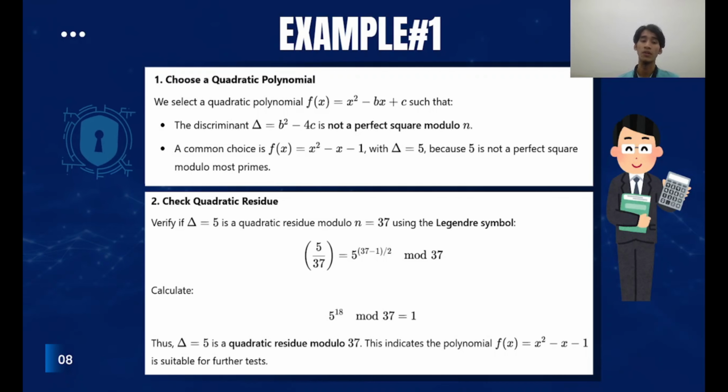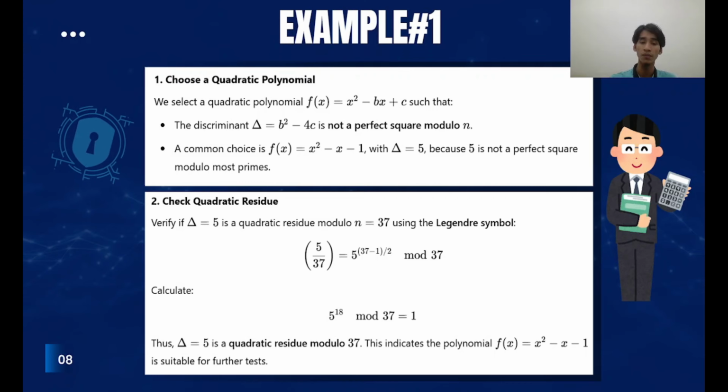Verify if delta equal to 5 is a quadratic residue modulo n equal to 37 using the Legendre symbol. 5 over 37 equal to 5 to the power of (37 minus 1) over 2 mod 37. Calculating, we get 5 to the power of 18 modulo 37 equal to 1. Thus delta equal to 5 is a quadratic residue modulo 37. This indicates the polynomial f(x) equal to x squared minus x minus 1 is suitable for further tests.